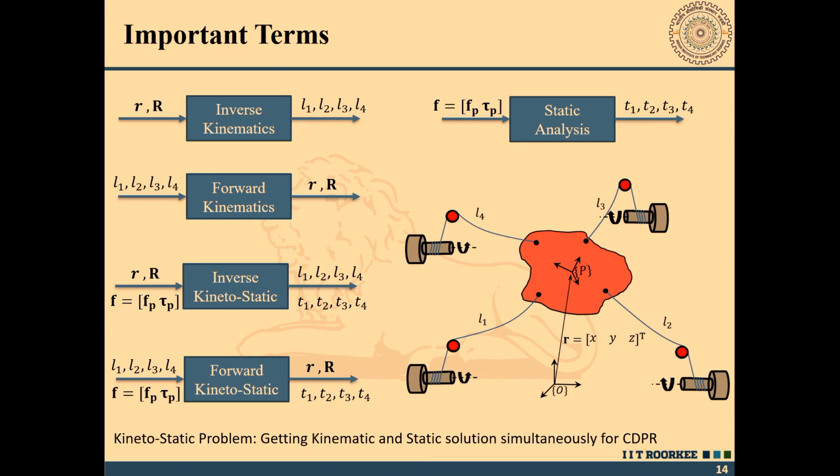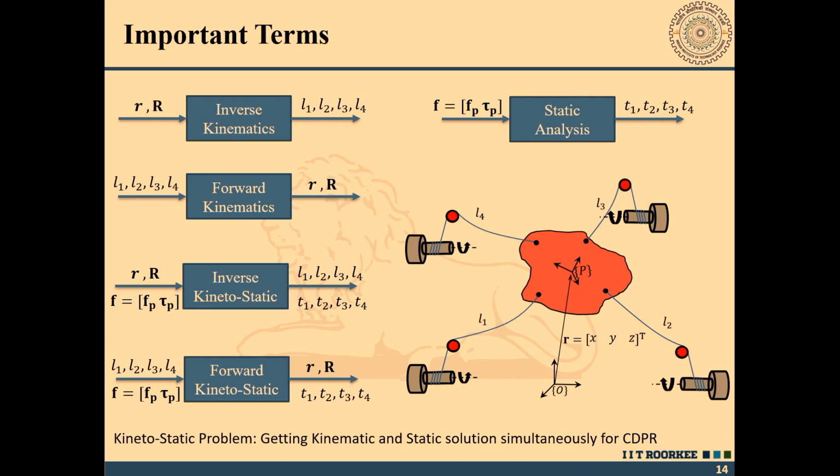So, for given small r and capital R, when I am interested in finding out these cable lengths, this is what we call the inverse kinematics. The forward kinematics is the reverse, that is you are given all these 4 cable lengths, and I am interested in finding out the position and orientation of the mobile platform.